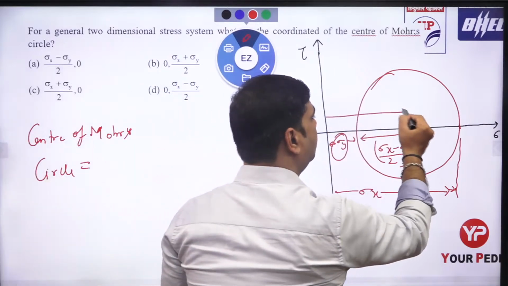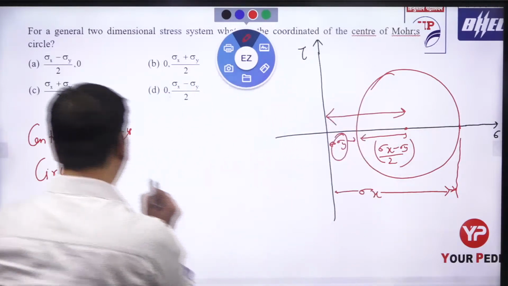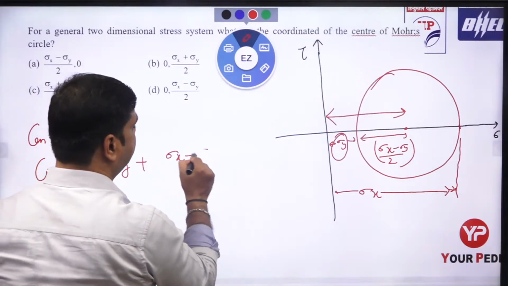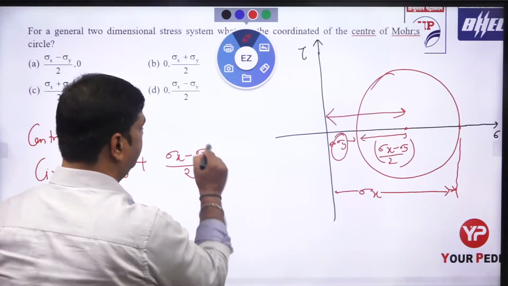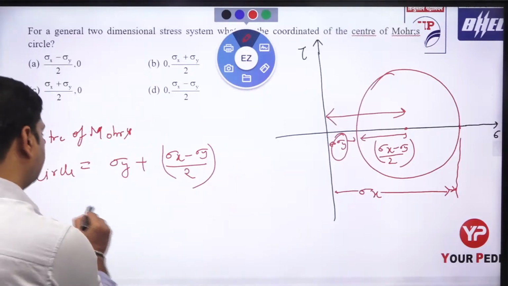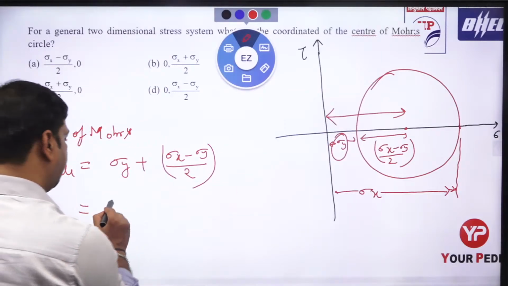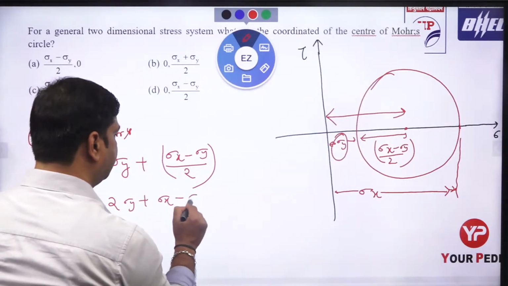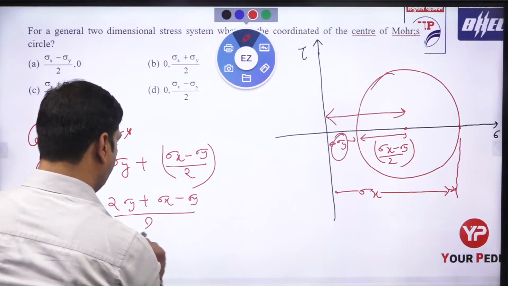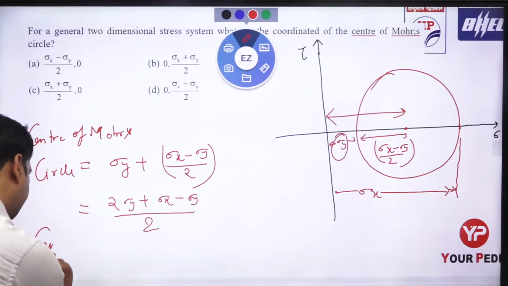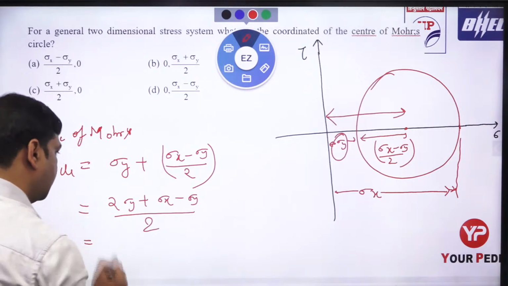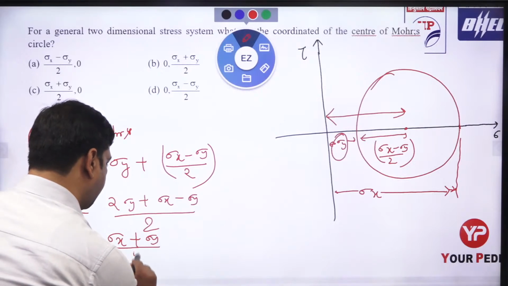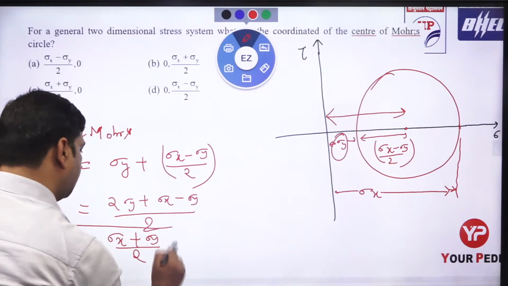You can see from here that sigma y plus (sigma x minus sigma y) divided by 2 represents the center of the Mohr circle. Solving this, it is 2 sigma y plus sigma x minus sigma y divided by 2. So the center of the Mohr circle is sigma x plus sigma y divided by 2.